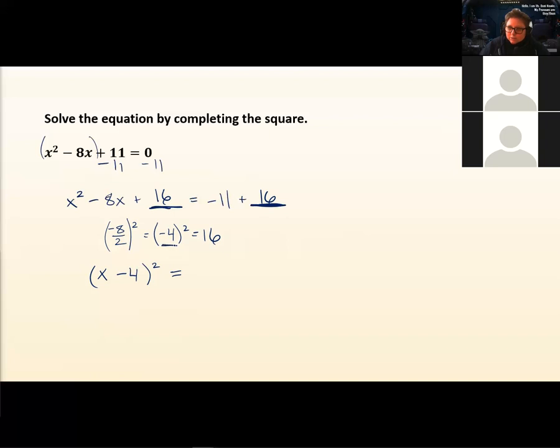Remember, whatever this number is ends up being what goes here. The case for that though, if you want to know, is remember it's got to be the square root of 16, which is possibly plus or minus 4. But then it's got to add to -8. So -4 plus -4 is -8. Make sense?